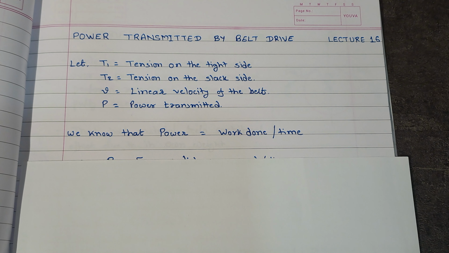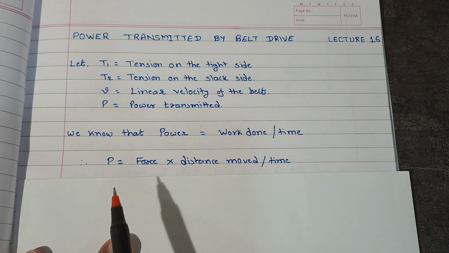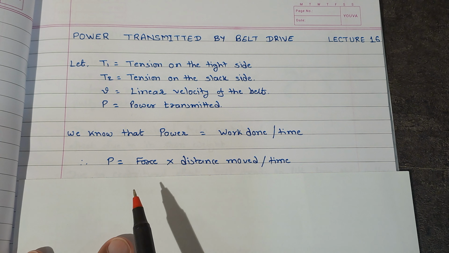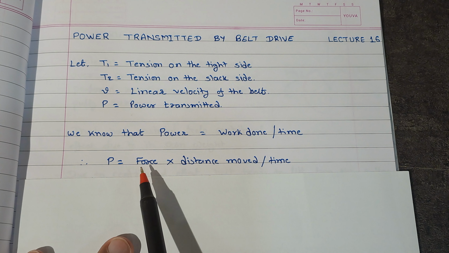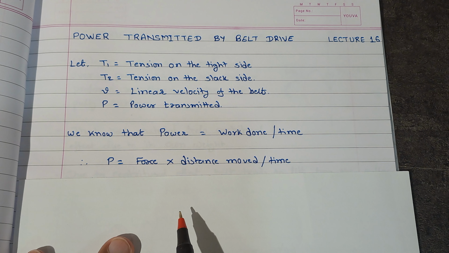So let us put it in further modified form that P is equal to work done, and work done is equal to force into distance moved, or we can say displacement.